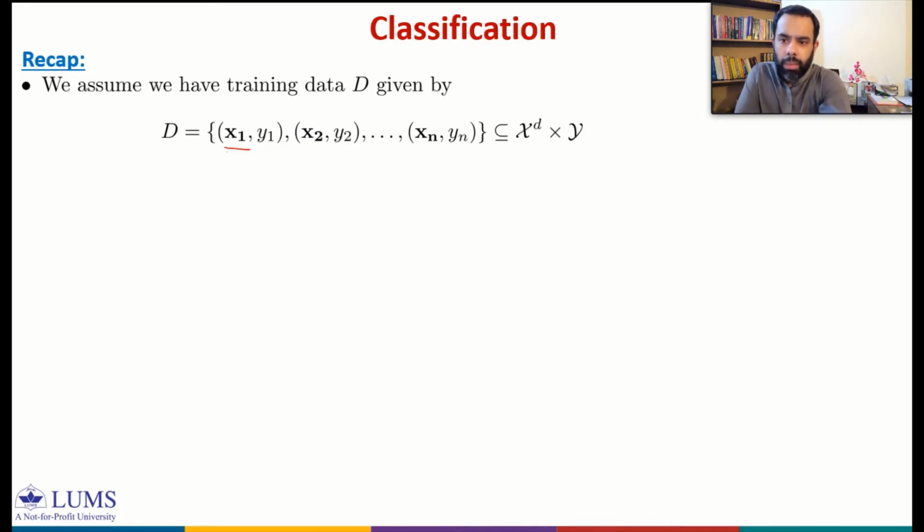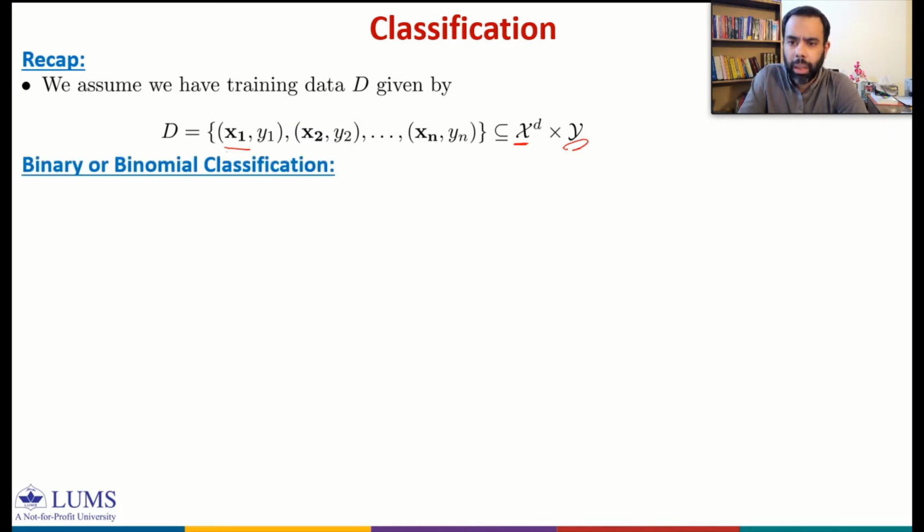We assume that each input belongs to a d-dimensional feature space, and each label belongs to this set Y. Depending on the size of Y, we categorize classification into broadly two categories: binary or binomial classification, or multi-class or multinomial classification.